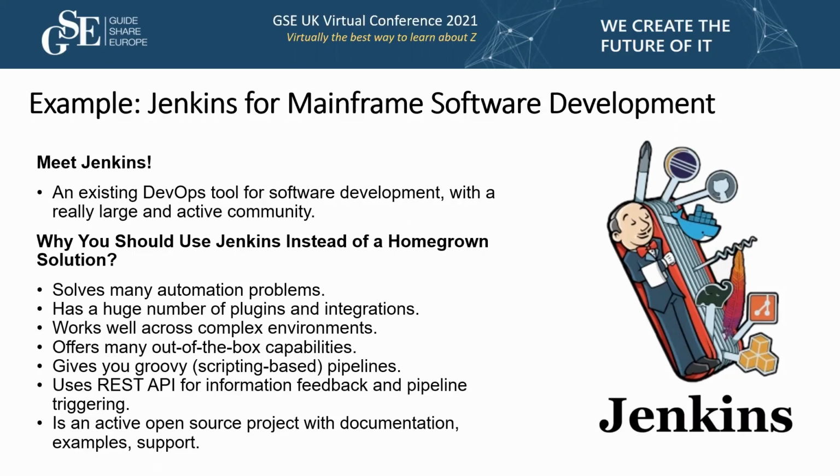Jenkins makes it fast, simple, and easy to bring a lot of DevOps practices to mainframe software development. It's a great example of how you can save yourself a lot of time, effort, and budget by using a general purpose DevOps tool instead of a homegrown solution. And it's worth finding a way to bring it to mainframe environments.